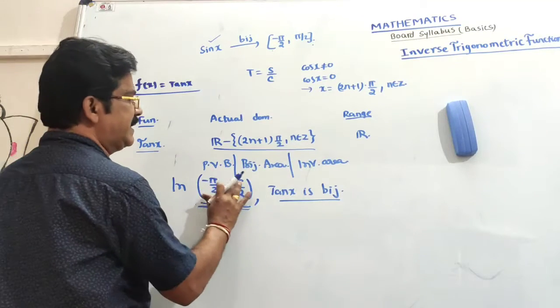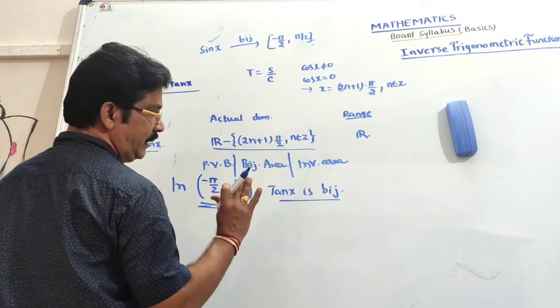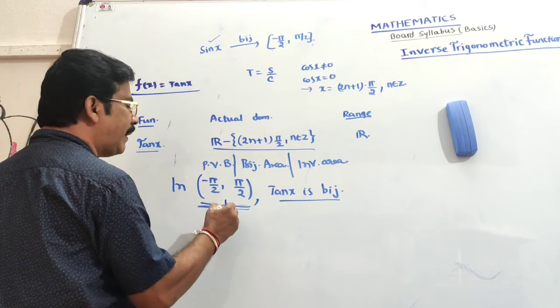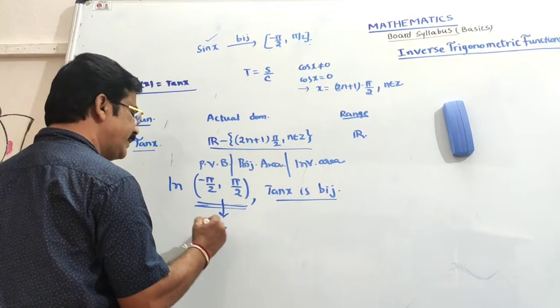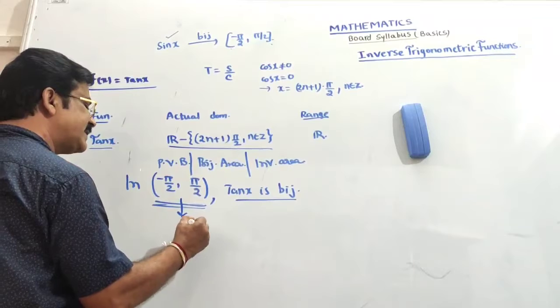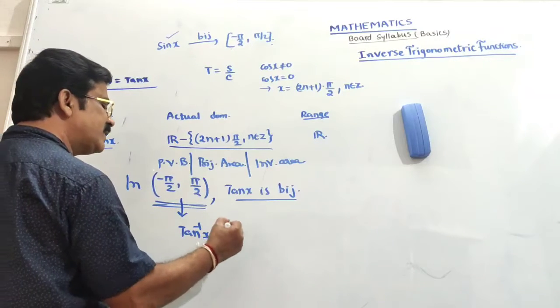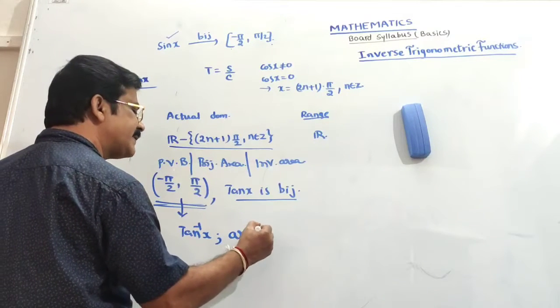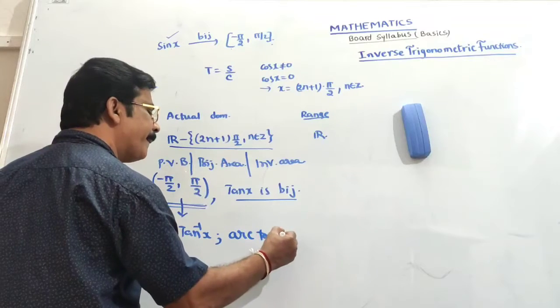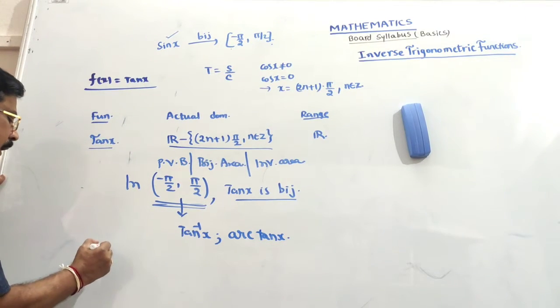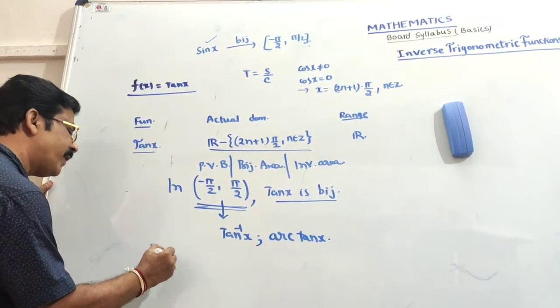So in this area it has an inverse, that is tan inverse. It is denoted by either tan inverse x or arc tan x.